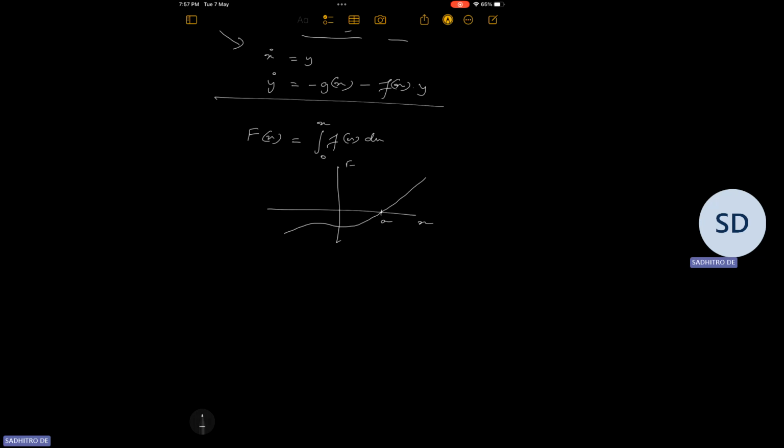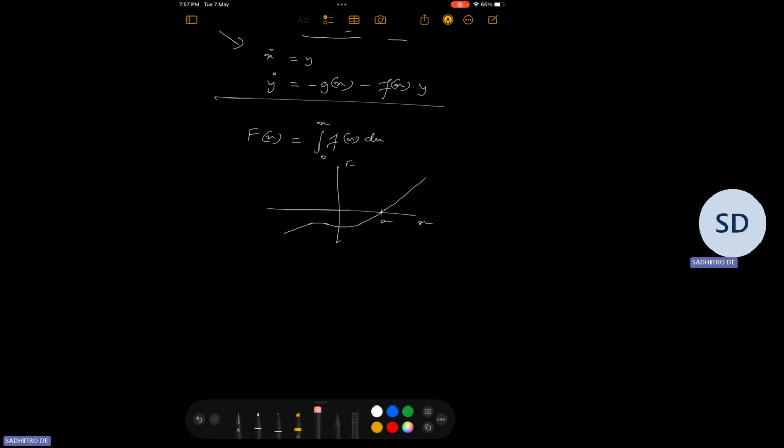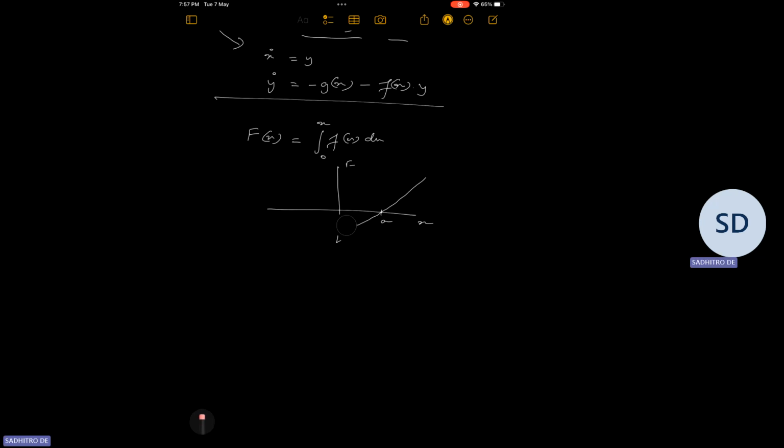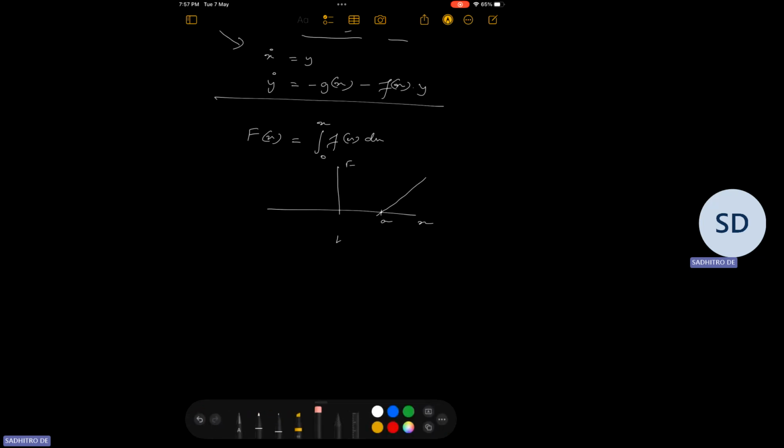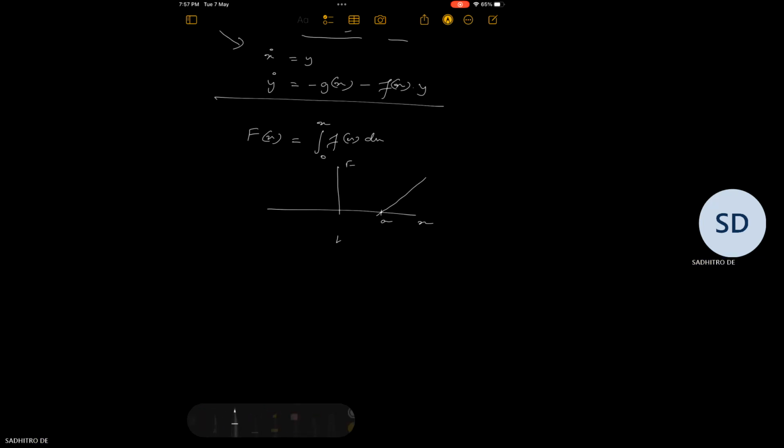So if it is an odd function, then whatever is on this side should be opposite to whatever is on the other side. Therefore, it should look somewhat like this. This should be the form of capital F for there to be limit cycle oscillations.